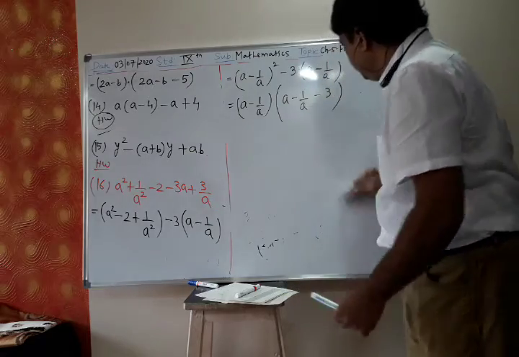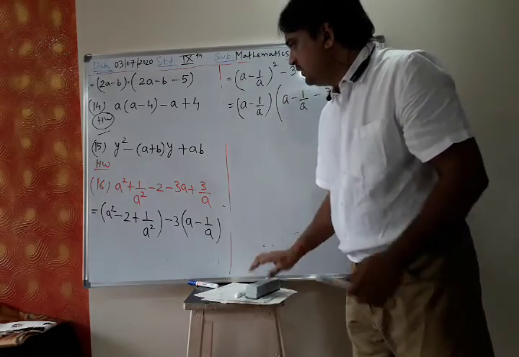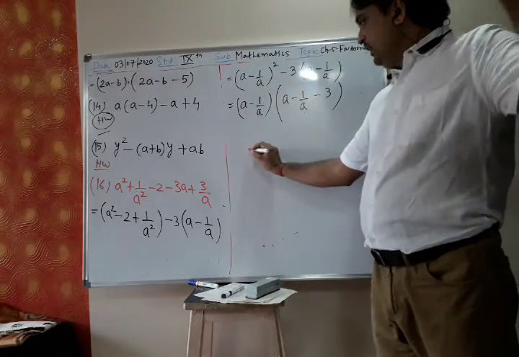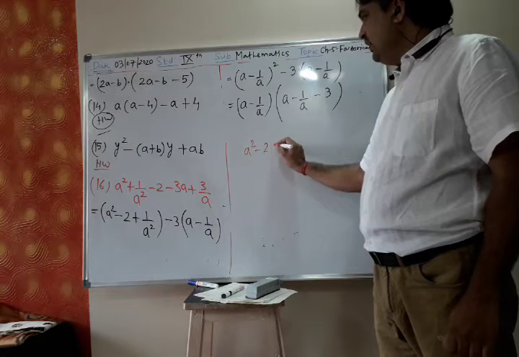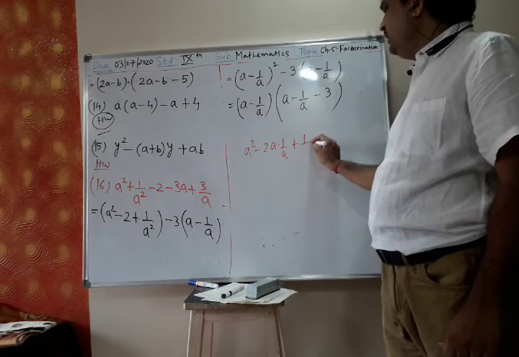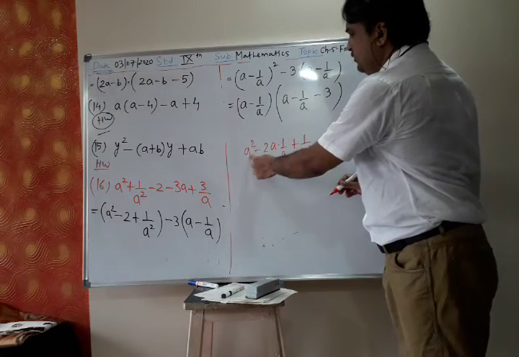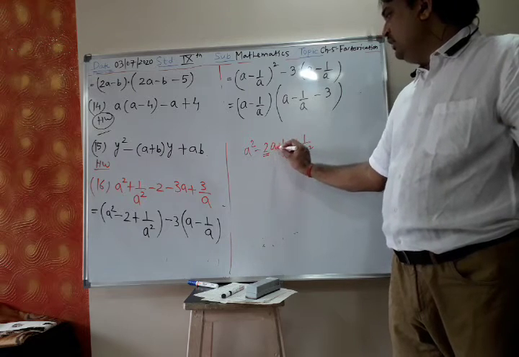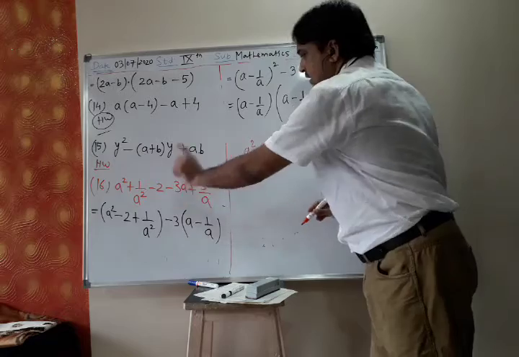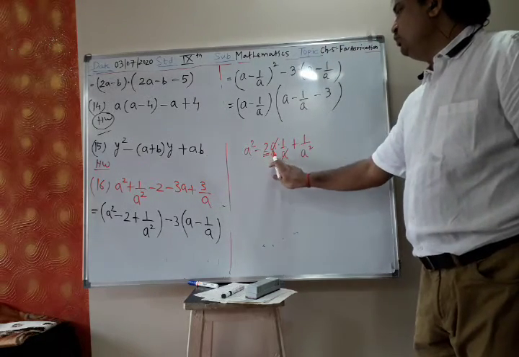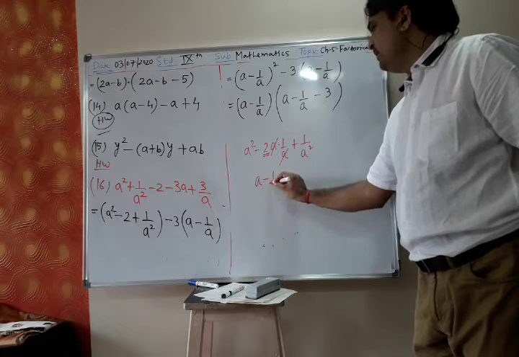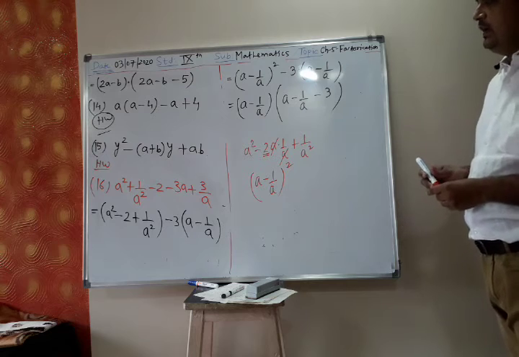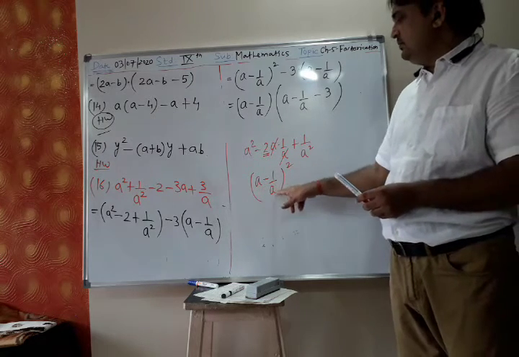Ask the doubt. Wait, let me explain where that 2 has gone. See here, a square minus 2. This 2 I can write as a into 1 upon a, plus 1 upon a square. So now this is of the form a square minus 2ab plus b square, which is nothing but a minus b whole square.